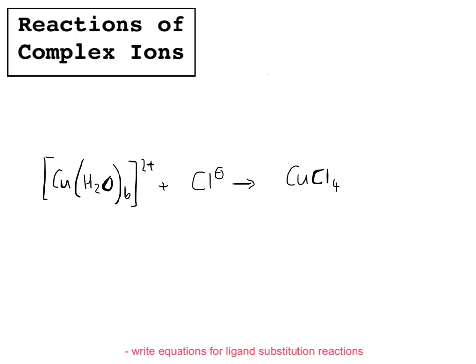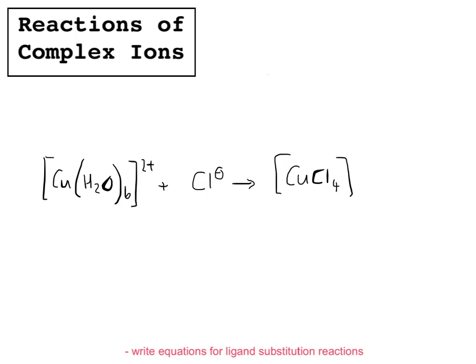Now, this is the main thing that people get wrong when they're writing ligand substitution reactions, and that is the charge on the new product. Because it's very easy just to take this across and assume it's 2+ again, but actually you've got to realise that you're adding a negative thing to the 2+ ion. And so the overall charge on this will be the sum of the charge on the copper and the charges on the 4 chloride ions.